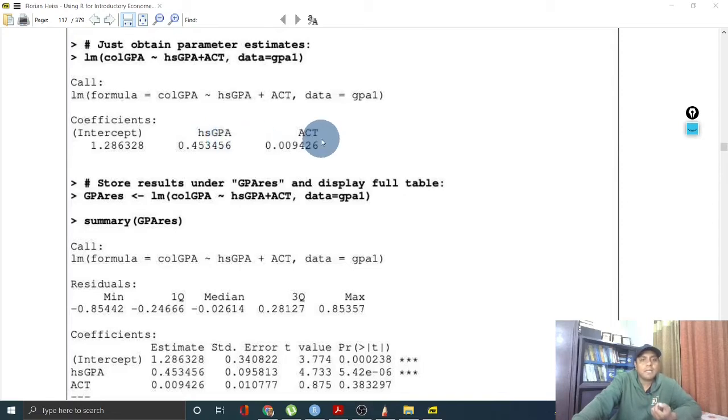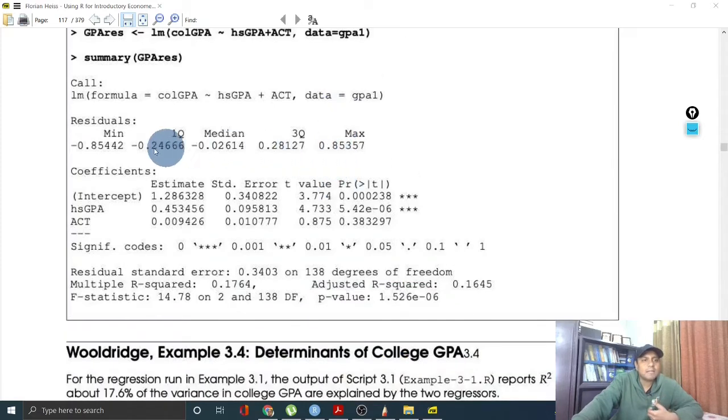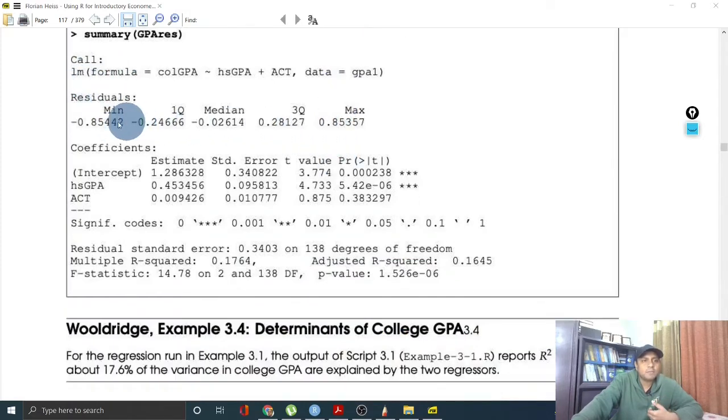So high school GPA and SAT score have a positive impact on the college GPA. You can see that for a one unit change in high school GPA, college GPA increases by about 0.45. The same goes for SAT: a one unit change in your SAT score will impact your college GPA results by a small amount. So that's what it says, and of course the results will give you minimum, median, quantile information.